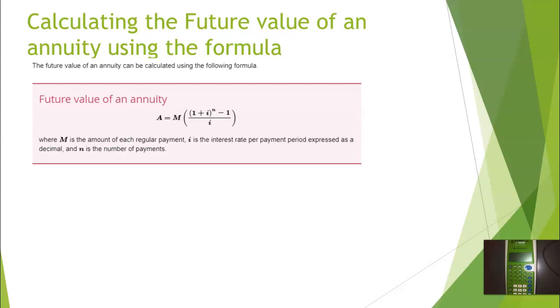And so here is our future value formula, where future value A is M, which is the amount that we're putting in each time, multiplied by (1 plus I) to the n, take 1, over I, where I is the interest rate per period expressed as a decimal, and n is the number of payments. Now, do we have to know this formula off by heart?